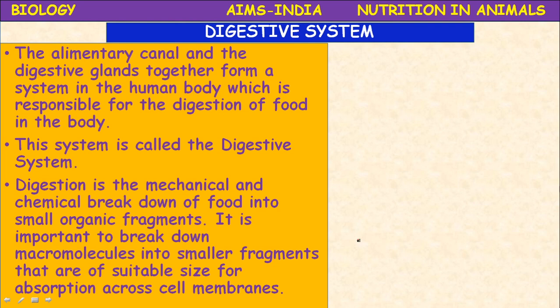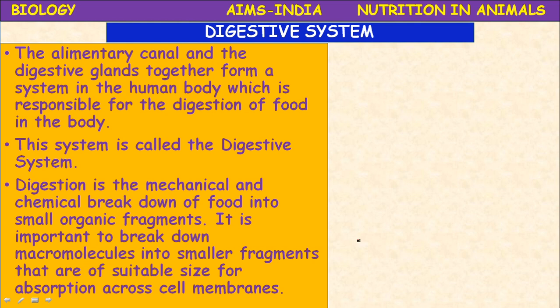In the beginning itself, what is digestion? The process of breaking down the complex food substances into the simplest absorbable substances or molecules is called digestion, which involves physical, that is mechanical, and chemical changes.